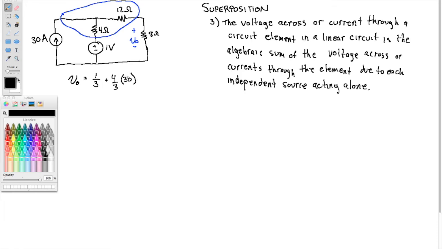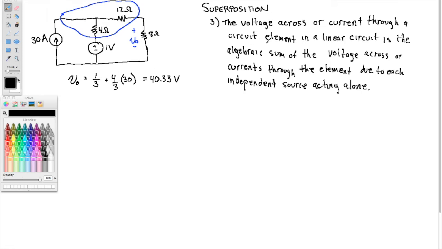The 30 is from this source, and the 1 is from this source. And so the answer here is going to be 40.33 volts. I believe that's what we found. But the key point here is that it's a sum. The output voltage was a sum of this piece and this piece.